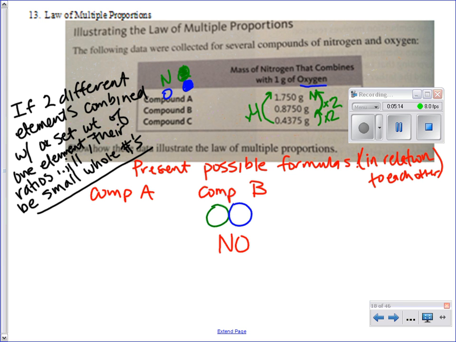In compound B, we had 0.87, but here we had 1.7. What happened to the amount of nitrogen? The amount of nitrogen doubled. Since the amount of nitrogen doubled, I'm going to have 2 nitrogens to the 1 oxygen. You see how that proportionality works? So what would the formula for this be? N2O. Nice. Now, compound C is where it gets a little bit tricky.